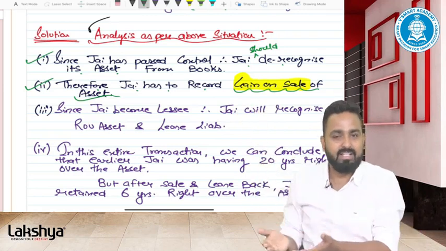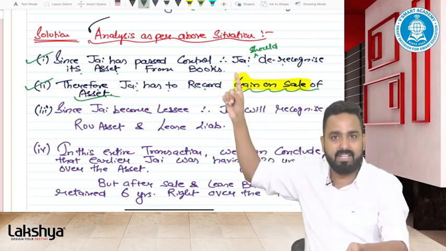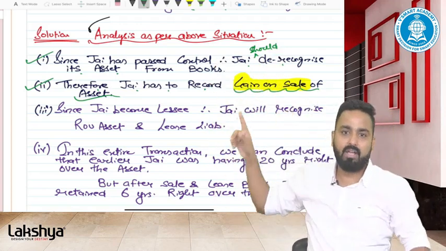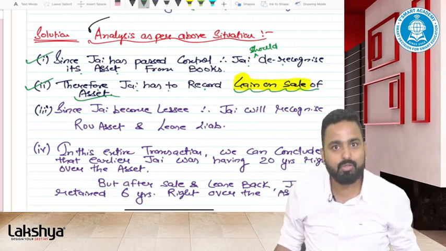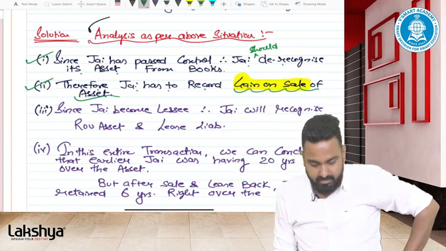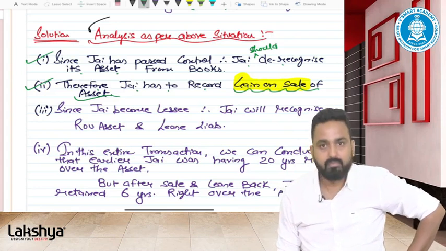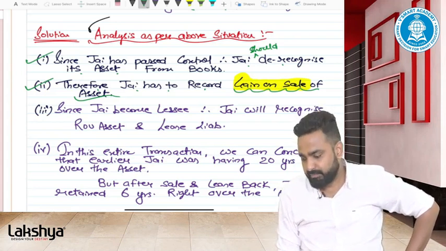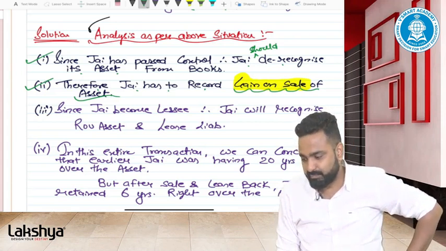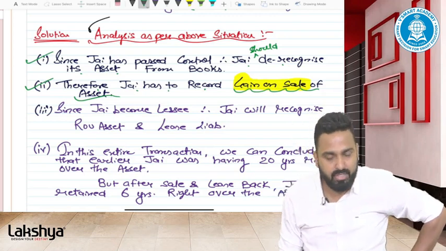If I'm selling my asset, if it is an actual sale, if the sale has actually happened, I have to book the gain also. Understood or not? Second point is also clear.